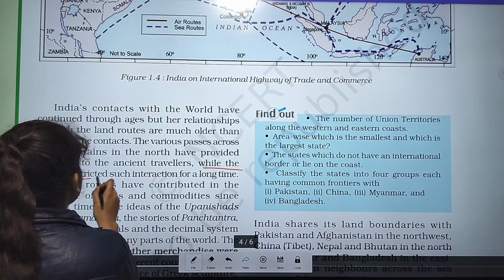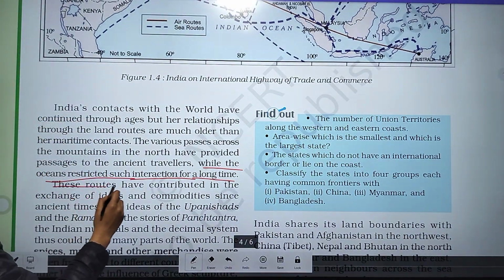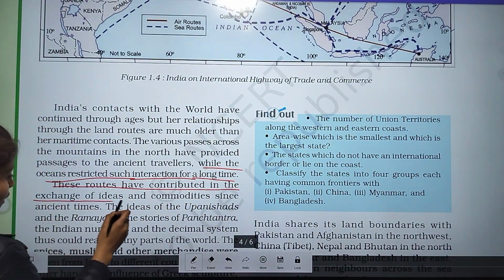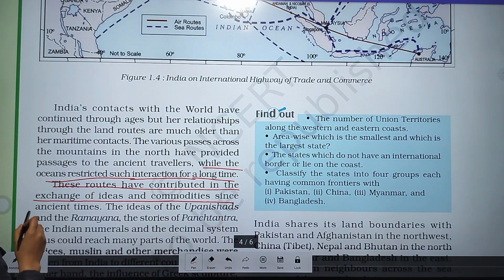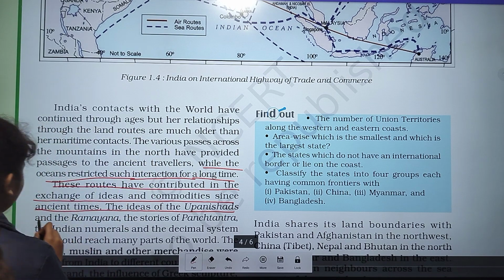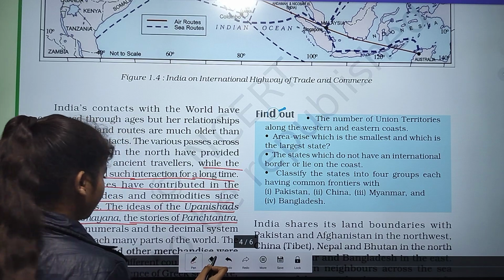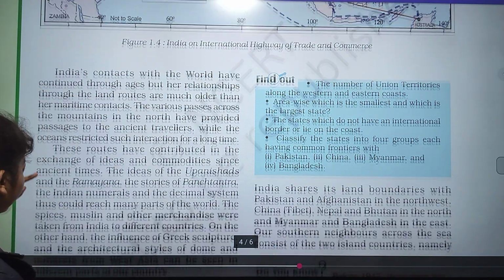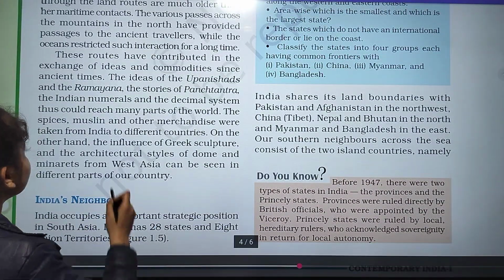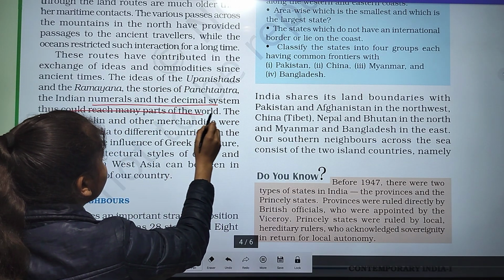While the oceans restricted such interaction for a long time, these routes have contributed to the exchange of ideas and commodities. Since ancient times, the ideas of the Upanishads and Ramayana, the stories of Panchatantra, the Indian numerals, and the decimal system thus could reach many parts of the world.